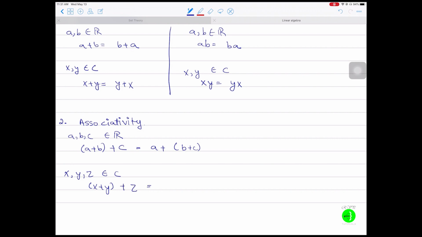And similarly for multiplication as well: for three real numbers, the product of ab times c is the same as a times the product of bc. Similarly, for three complex numbers x, y, z, we have the product of xy times z is the same as x times the product of yz.